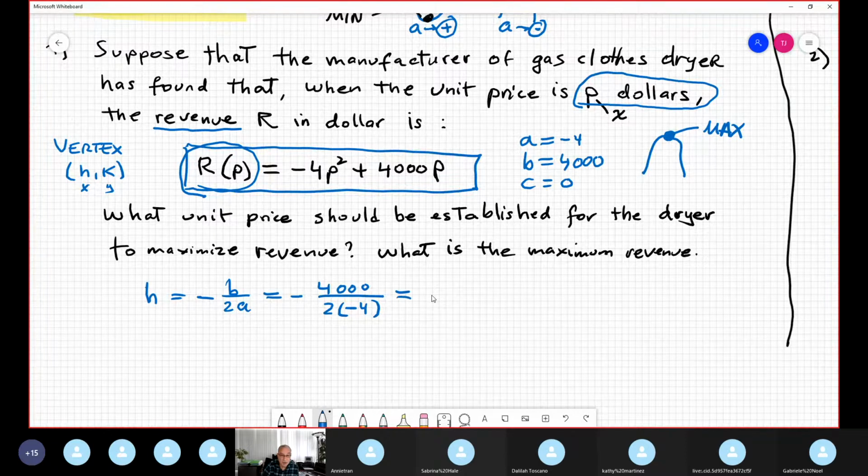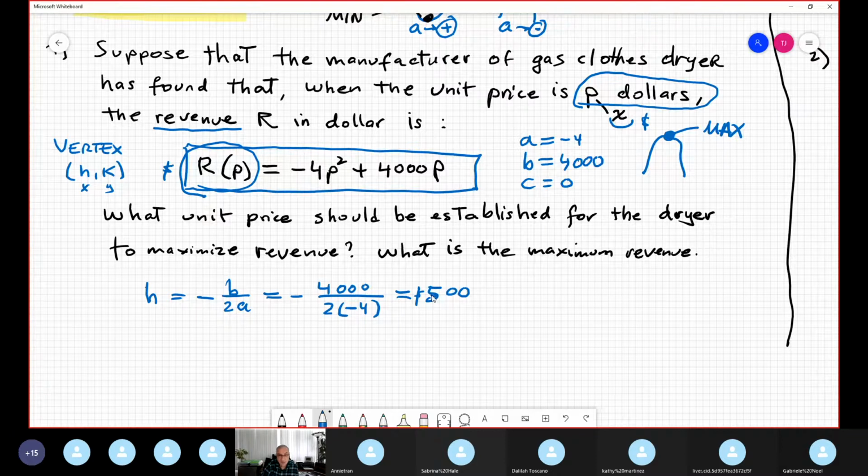Actually it is 4,000 divided by 8, because 2 times 4 is 8, which is 500. 500 is the unit price, P. And this 500, I suppose, is dollars. In this case it's a coincidence that X is dollars, and revenue, of course, is dollars, but that doesn't always happen.